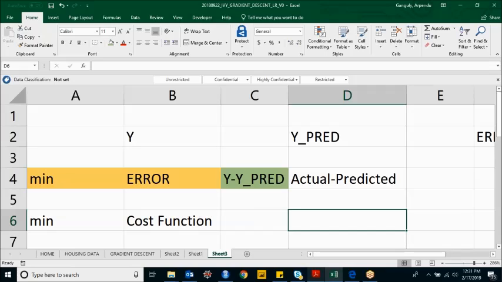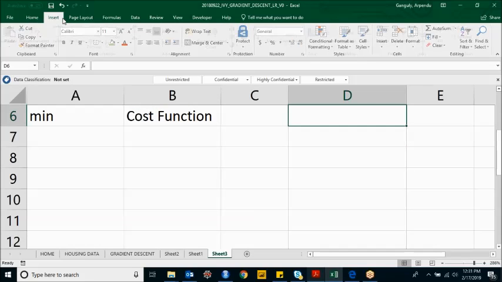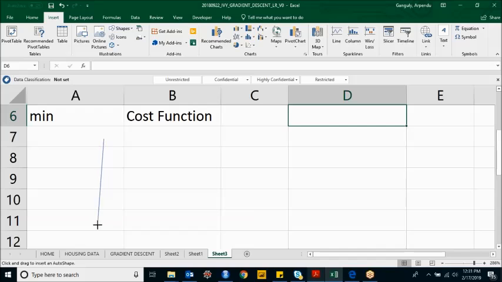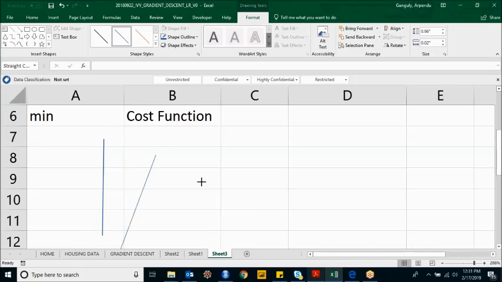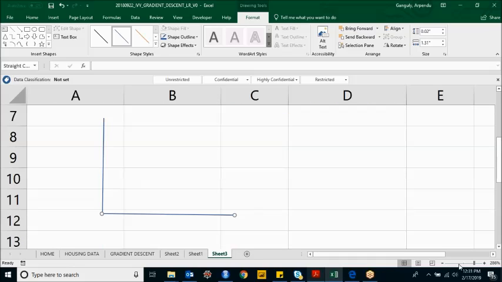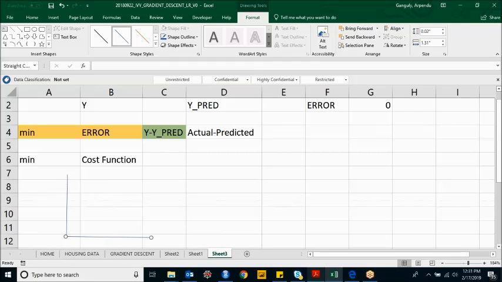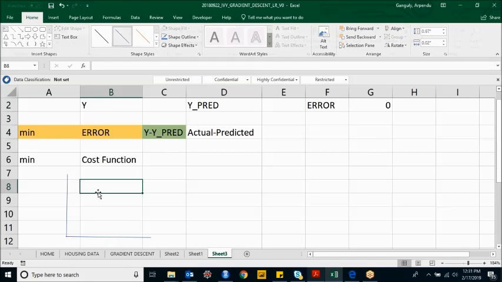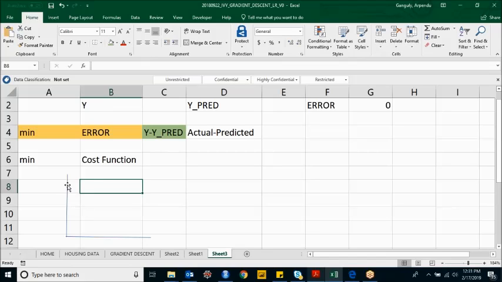The other thing, for those who are a bit familiar, is that if I can draw it. Let's say this is my y-axis, and this is my x-axis. On the y-axis, I have my cost. Cost is what?